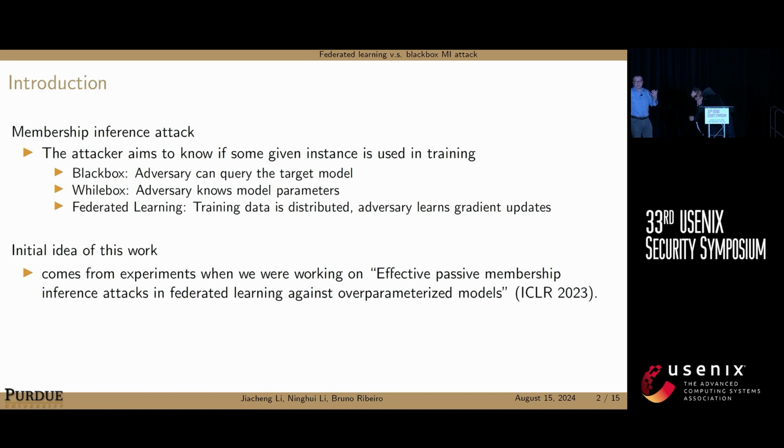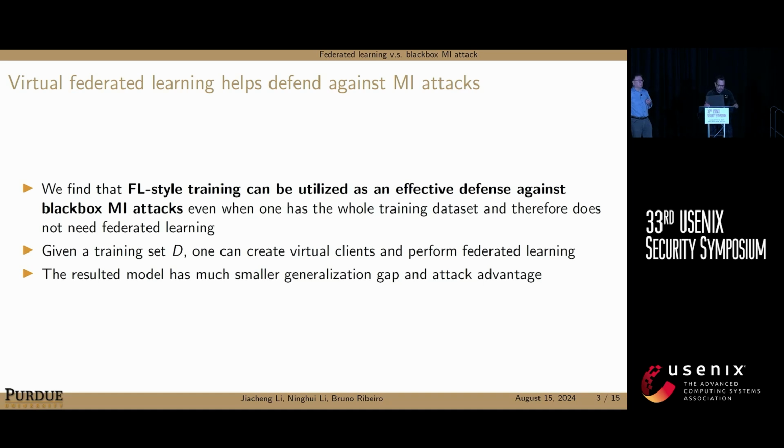So we evaluated the black box attack in the federated learning setting, and to our surprise, we found that the black box membership attack became much less effective when the model is trained in a federated learning setting. At that time, we first tried to finish that paper, so we just put this on hold. After that paper was published in ICLR last year, we returned to this problem.